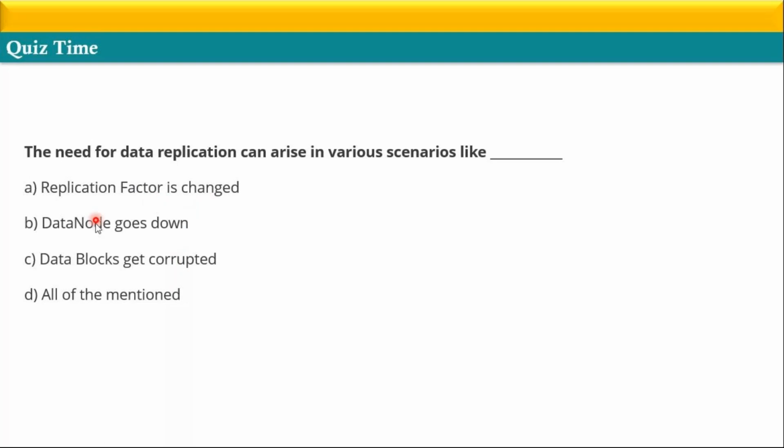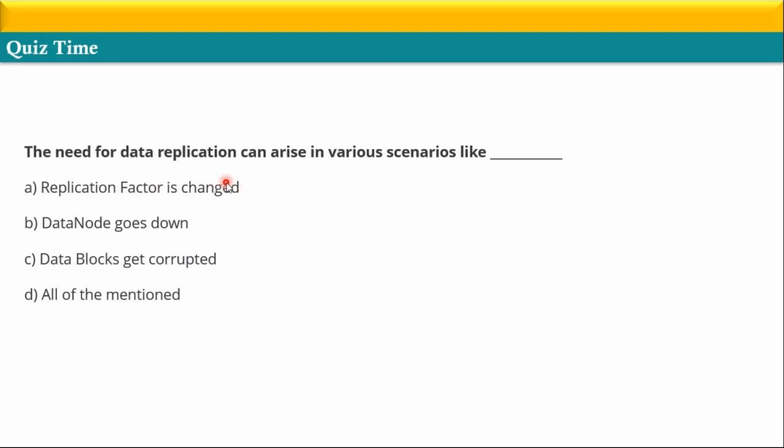If a block is corrupted, how will we be able to recover it? With the help of the replication factor only.